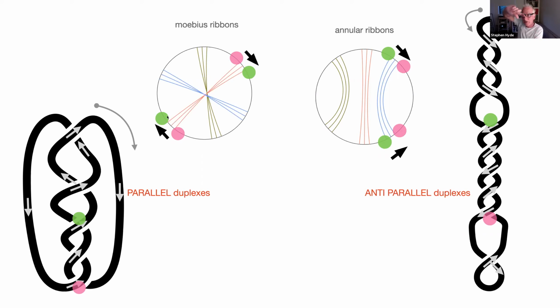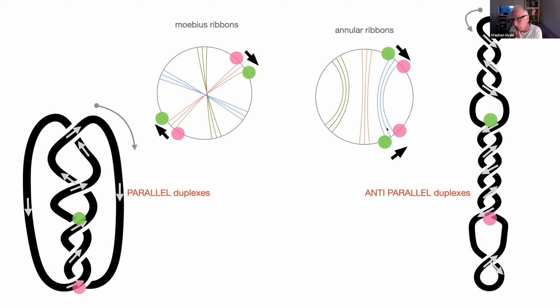So what I need to do is take my ribbon, instead of it being an annular ribbon, twist it and make it a Mobius ribbon. So a Mobius ribbon, which I'm drawing in a fan type structure, is characterizing a parallel duplex, and the annular ribbon is characterizing an anti-parallel duplex. And every time I have a crossing, I need to define the sign of the crossing by the axis of the duplex.